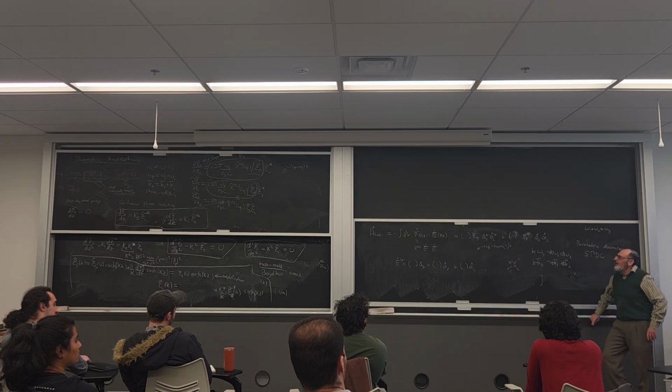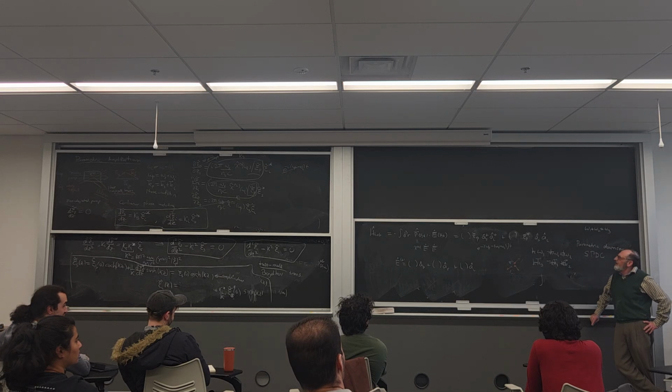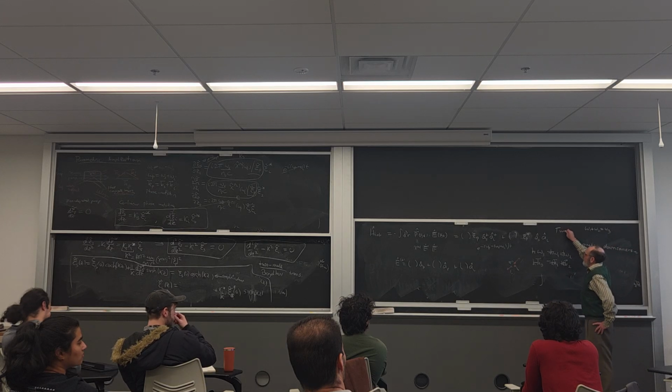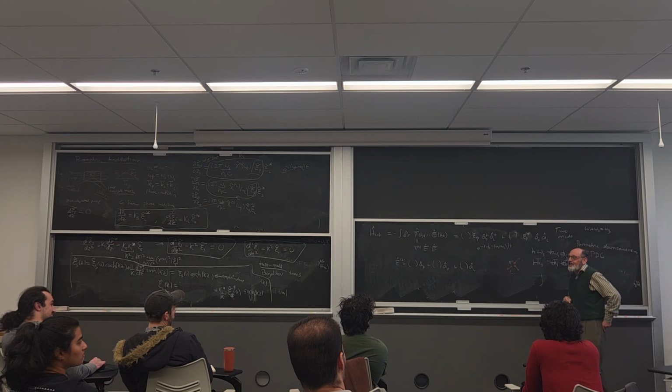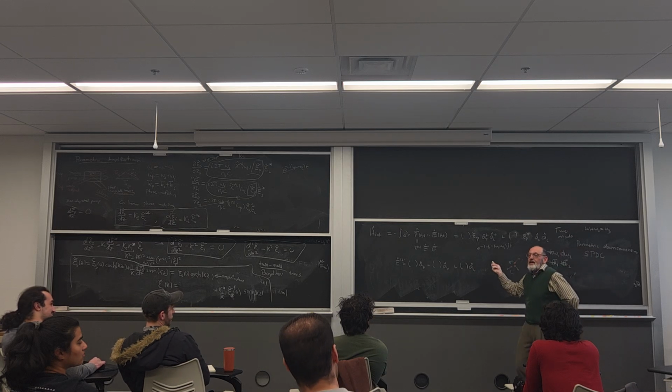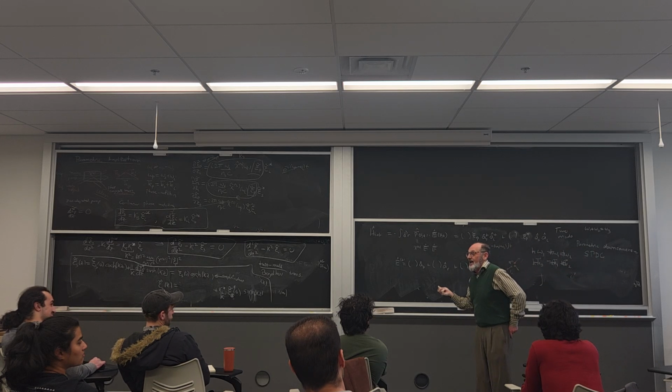Now, I want you to look at that Hamiltonian. Does it look like something that you're doing for homework? Yes. This is two-mode squeezing. So that's how you make two-mode squeezed states, through spontaneous parametric down conversion.